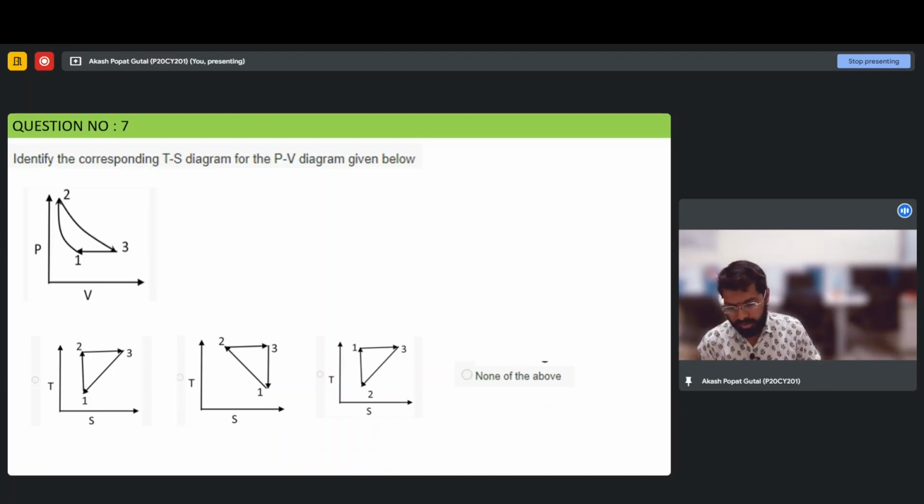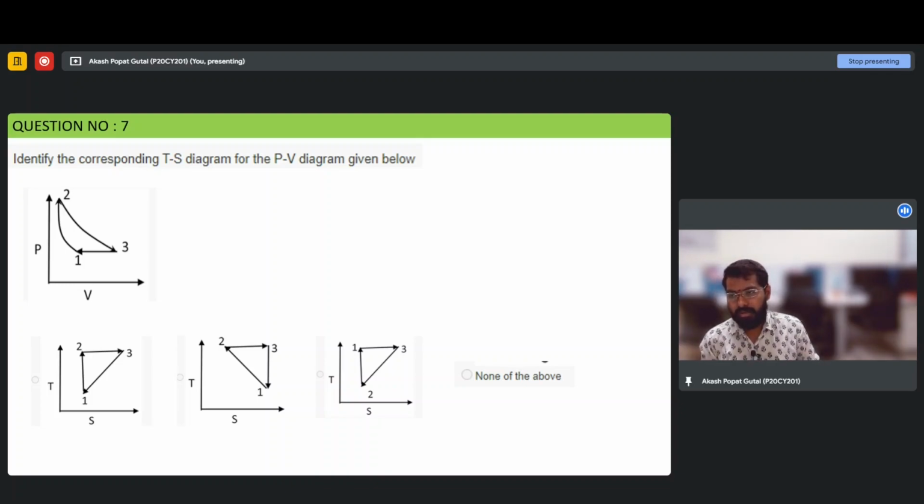We can see in 2 to 3 the expansion is happening. We know when the volume is increased, the entropy will increase. And we need to find out where, for the 2 to 3 process, the entropy is increasing. In options 1 and 2, in 2 to 3, the entropy is increasing.